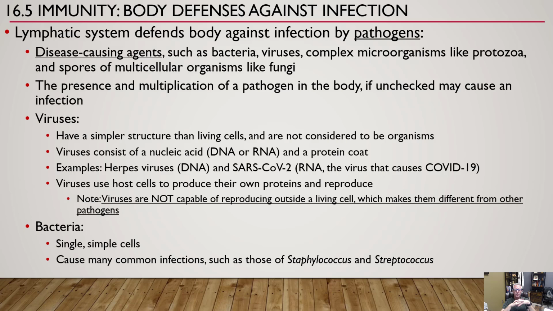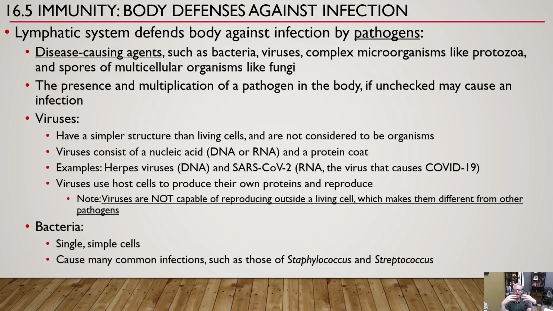So viruses usually have a simpler structure than living cells. They are not organisms by themselves. Viruses have DNA or RNA in their makeup, and they also have this thing called a protein coat. Think of like herpes virus or COVID virus, HIV, human immunodeficiency virus.